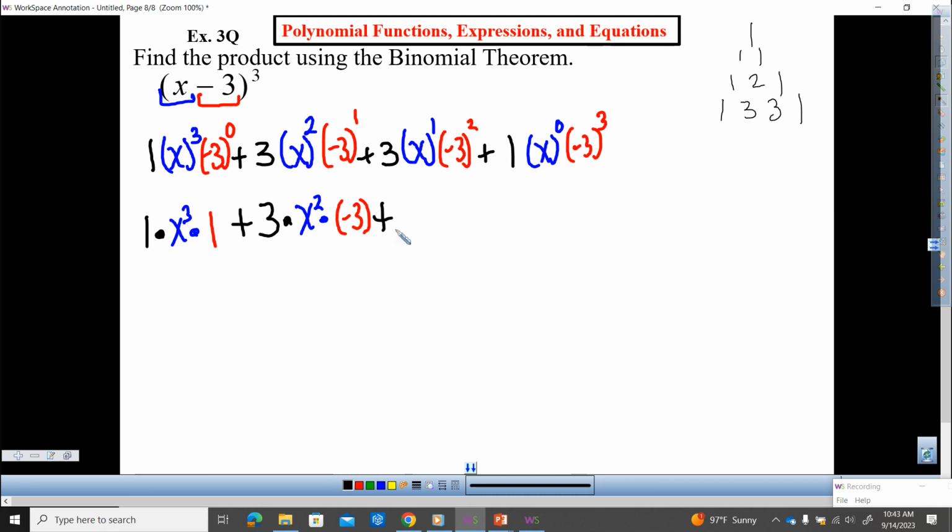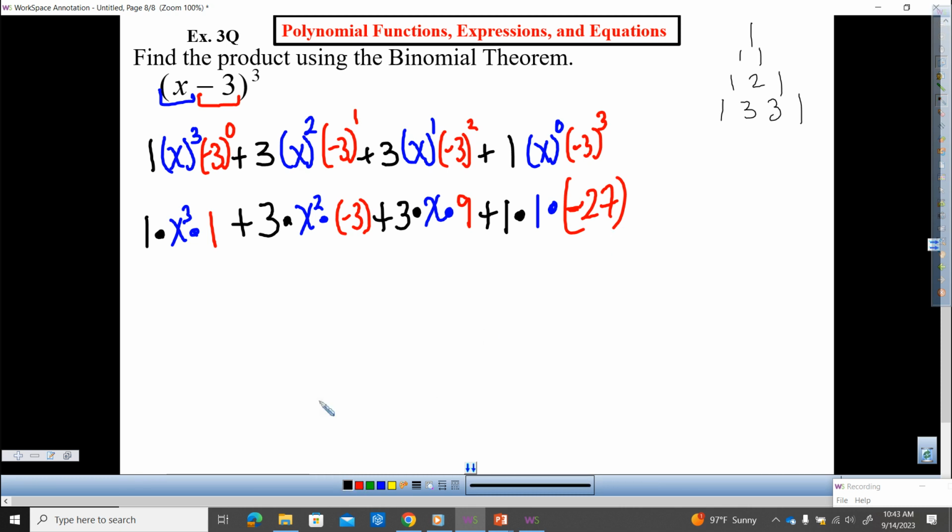Plus 3 to the first power is 3 times x to the first power is x times. And what is negative 3 squared? That's negative 3 times negative 3, which is 9, okay, plus 1 to the first power is 1 times x to the 0 power is 1 times, and what is negative 3 times negative 3 times negative 3? That's negative 27. I'll put that in parentheses. Hands if you got it to right there, okay.